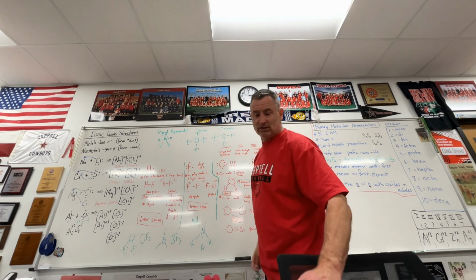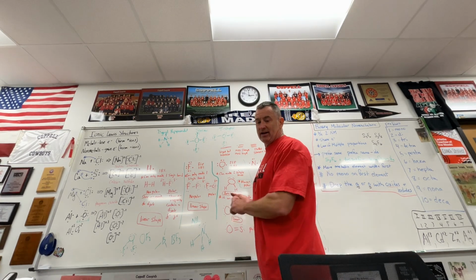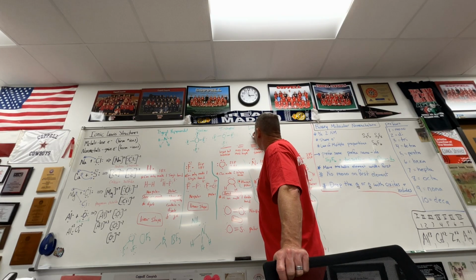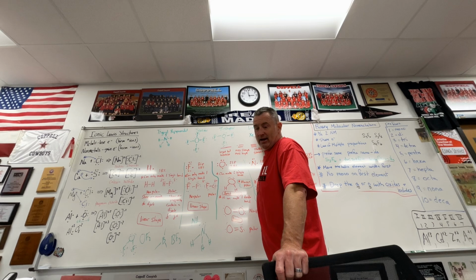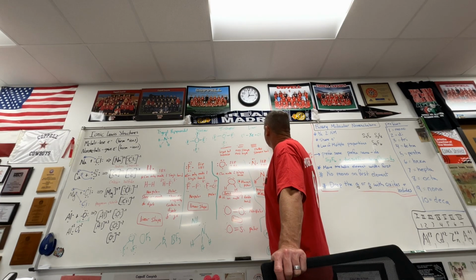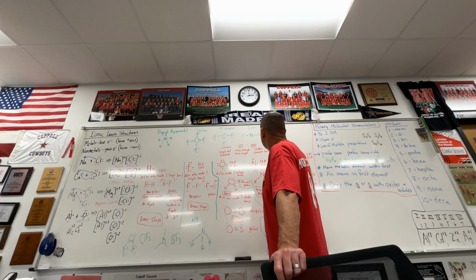All right, so then the last one is linear, okay? And this one is linear with a noble gas. So if I have like xenon, okay, and it's bonded to 2 halogens, like XeF2 or XeCl2, then you count the electrons. You have 8 plus 7 plus 7, so that's 15 plus 7 is 22, all right?